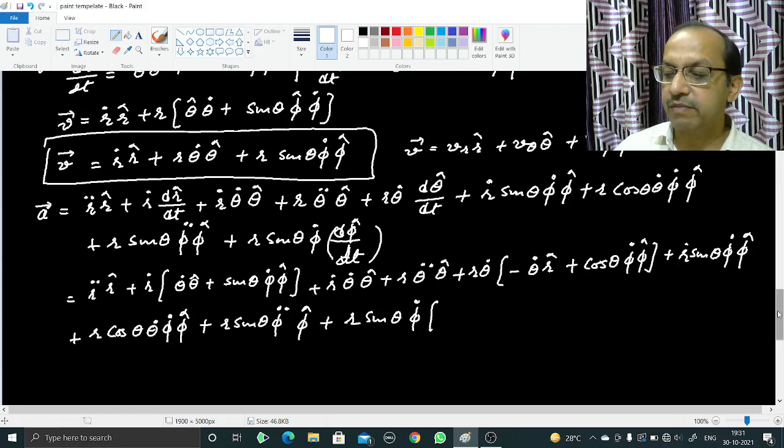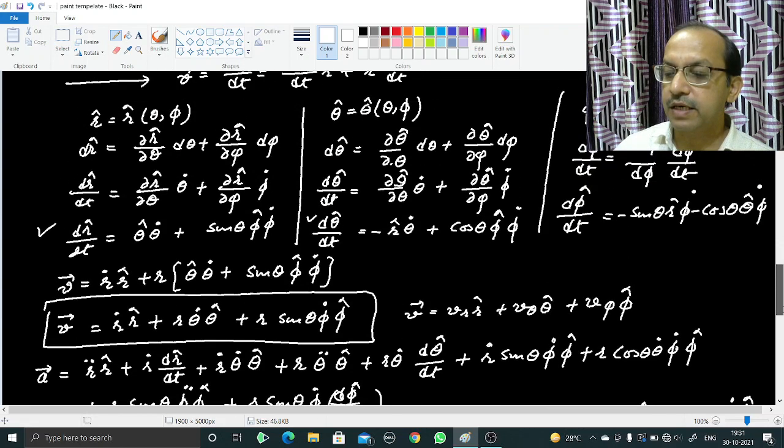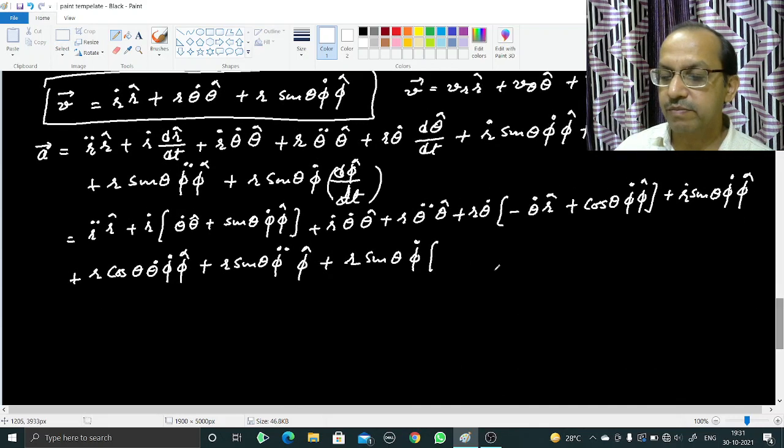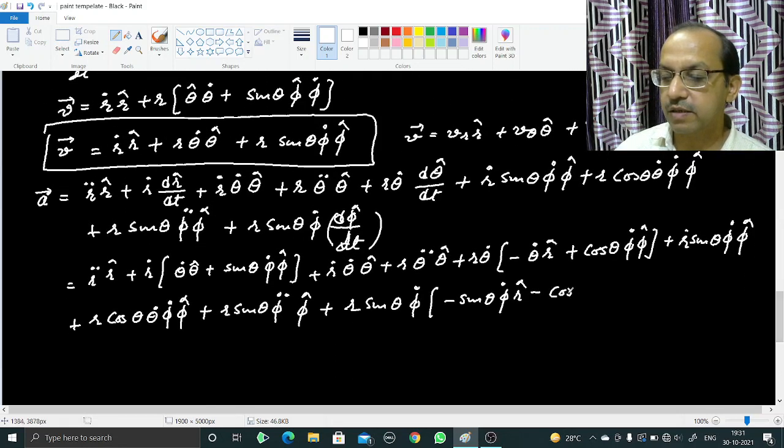So d phi cap dt is minus sin theta r cap phi dot minus cos theta theta cap phi dot. So it will be equal to minus sin theta phi dot r cap minus sin theta phi dot r cap minus cos theta phi dot theta cap. So these are the terms, and we will rearrange these terms now.